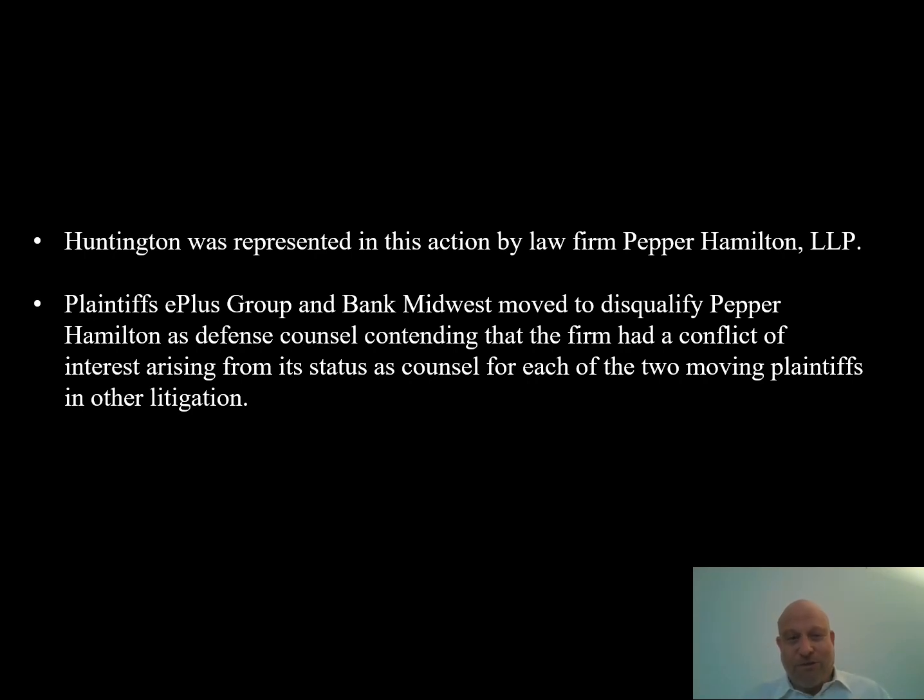I guess they tried to represent both the plaintiff and the defendant. Then they withdrew from representing Midwest, and we had the hot potato issue again, where they're dumping a client and going with, I would have to assume, a more profitable client, Huntington. Eventually, they billed Huntington around 400K or 450K, so it's a substantial billing opportunity.